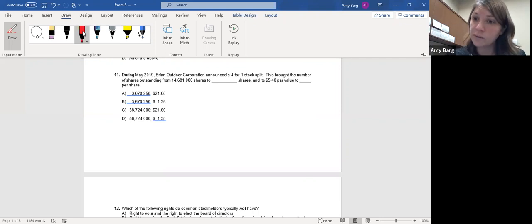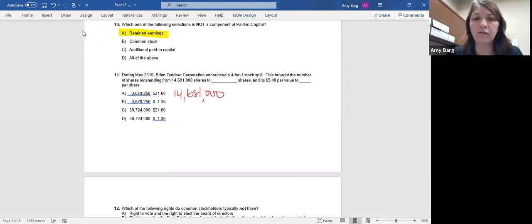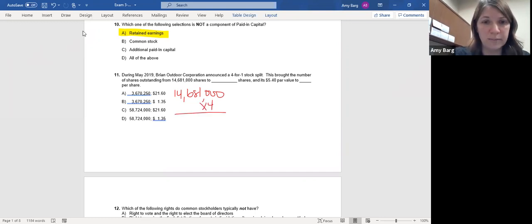So if it's a 4-for-1 stock split, that means there are 14,681,000 shares, and you are taking all 14.681 million of those shares and making every single one of them worth 4 shares, right? So you multiply that by 4. If it was a 2-for-1 stock split, you would multiply by 2. 3-for-1, you would multiply by 3.